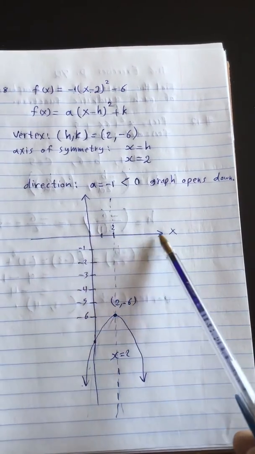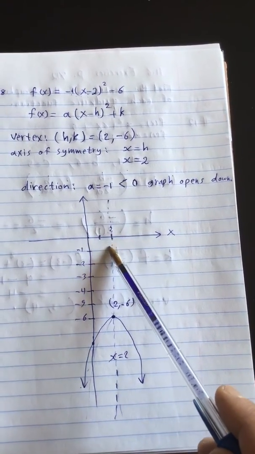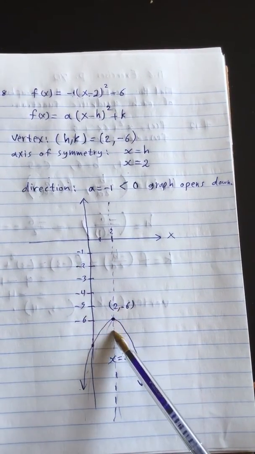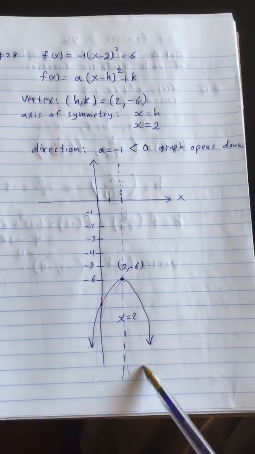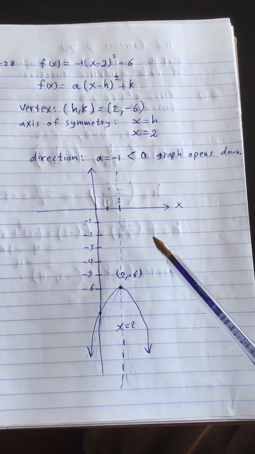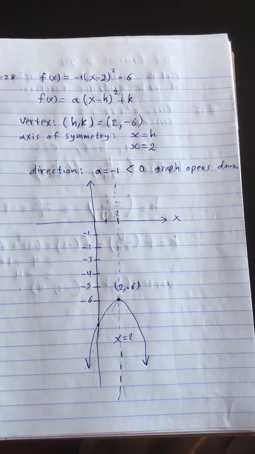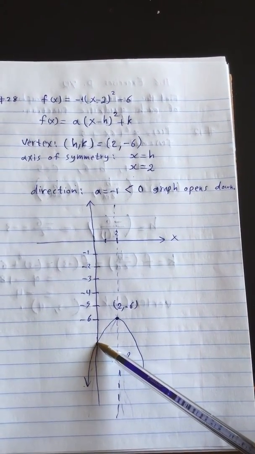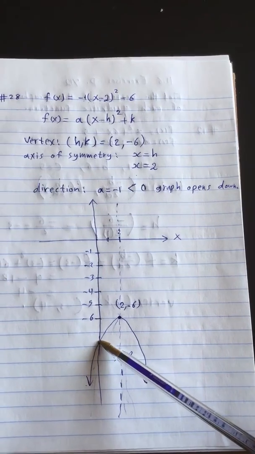So this is the x-axis, so 1, 2. From this point, graph a vertical line parallel to the y-axis. This is x equals 2, the axis of symmetry. So you can find the coordinate for this point. This is the y-intercept.